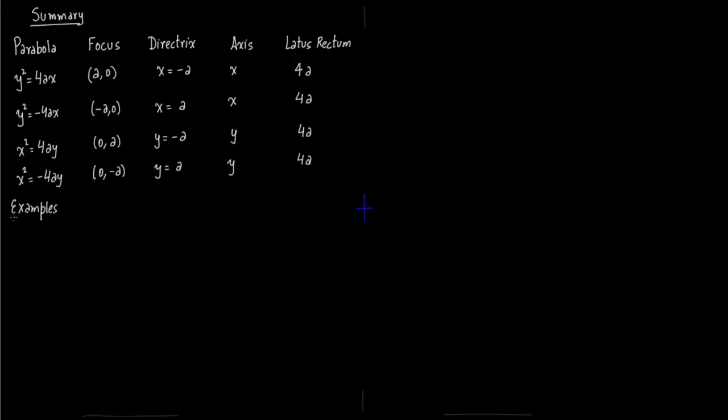So let us talk about some examples. Say you are given a parabola y square is equal to 4x. So you can write it as 4 times 1 times x. Now it looks like the first parabola given to us, y square equals to 4ax. So a is 1.